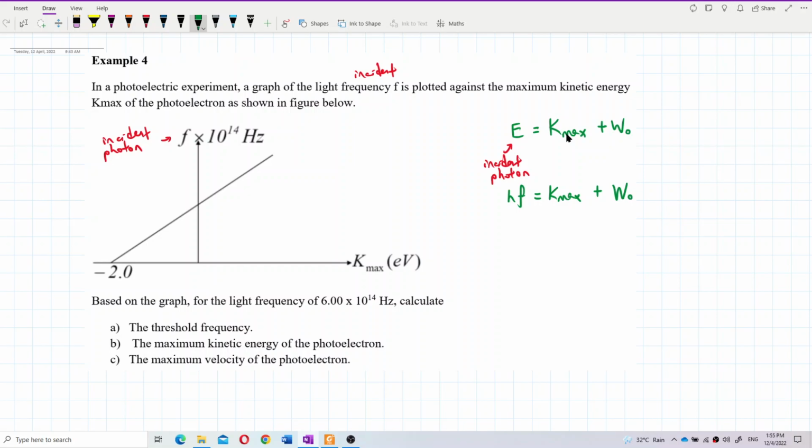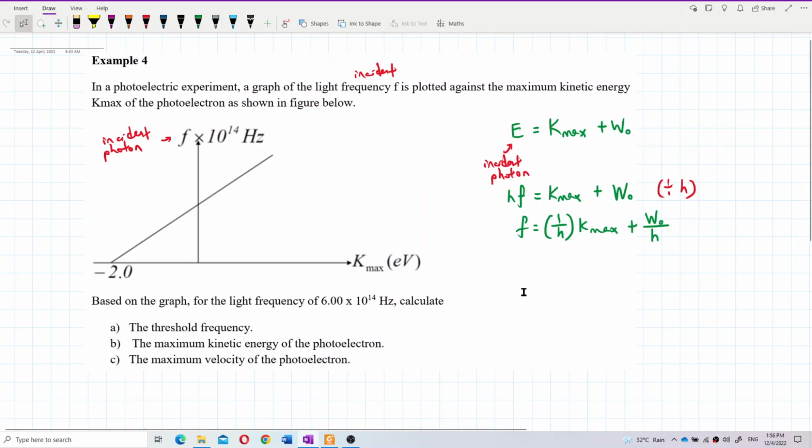Now I divide both sides by h, for all the terms. So the h on the left is gone, and I get f equal to 1 over h times Kmax, plus W naught over h.